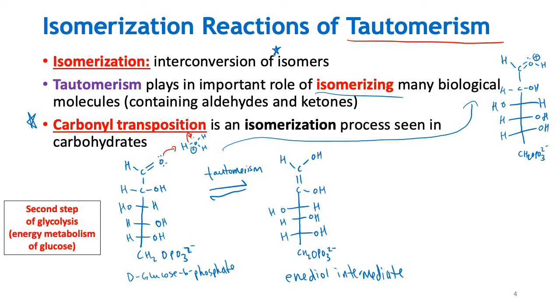Okay, so that's the intermediate that you just had, and then you're going to have water come back in. This is just based on the acid catalyzed tautomerism reaction that we saw in the previous lecture. And this water is going to grab that H right here, which gives you that enediol intermediate. So that's the first step. You make that enediol intermediate.